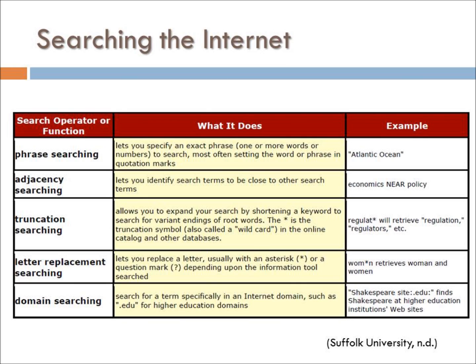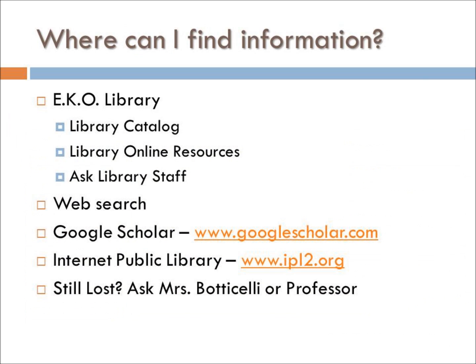It's the word Shakespeare, a space, the word site, colon, .edu. If you were going to do a government site, you would just change that .edu to .gov, G-O-V. So this is a way you can use domain searching to narrow your search down to academic sources.